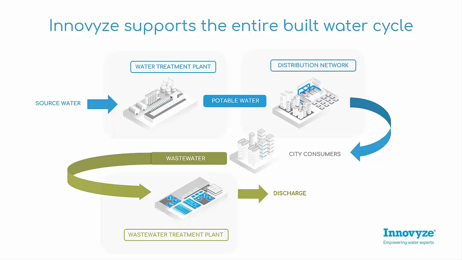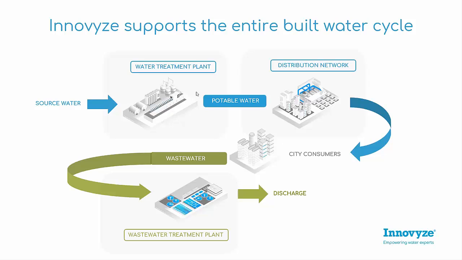Before we start, I'd like to make sure that everyone's aware of what InnoVise actually does. It's very interesting when I'm talking to people that they don't quite realize what InnoVise underpins and supports in terms of the entire built water cycle. This diagram shows our involvement throughout the whole water cycle, starting with source water.